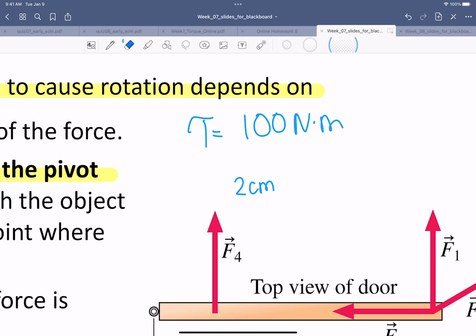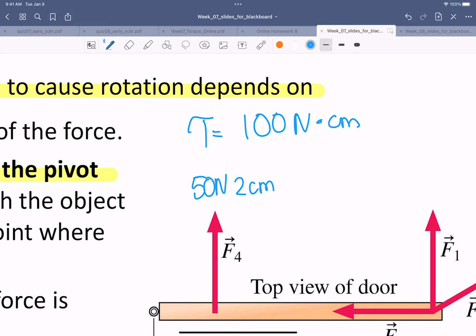Let's say if it was Newton centimeters, which is ridiculous, and this isn't. I'm just going by values to kind of explain what's going on. So if I'm pushing 2 centimeters away from the hinge, right, that's pretty close to the hinge. And so in order to have a torque of 100 Newton centimeters, I'd have to exert a 50 Newton force, for example.